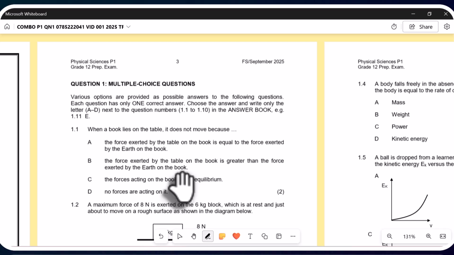So this is the applied force, and the block is not moving, but it's just about to move. They say, which one of the following will increase the frictional force experienced by the block?